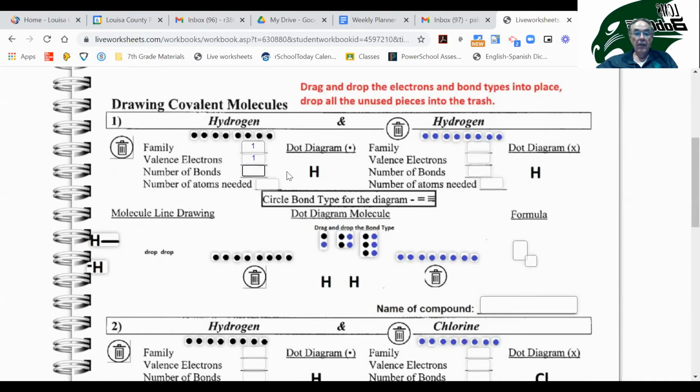It has an oxidation number of 1, so it needs to make 1 bond. And this is going to be a diatomic molecule. So these 2 hydrogens are identical. They're both in family 1, they both have 1 valence electron, and they both need to make 1 bond. Since this is diatomic, we know that we're only going to need 2 atoms, 1 of each.